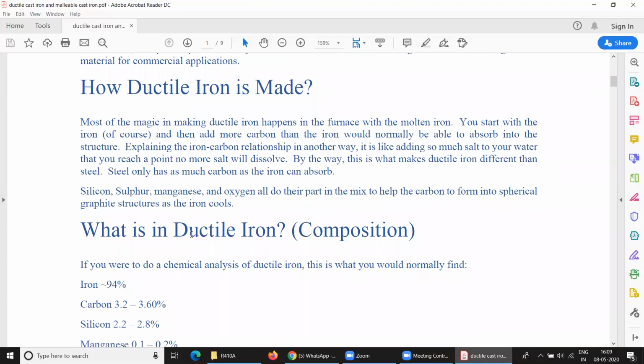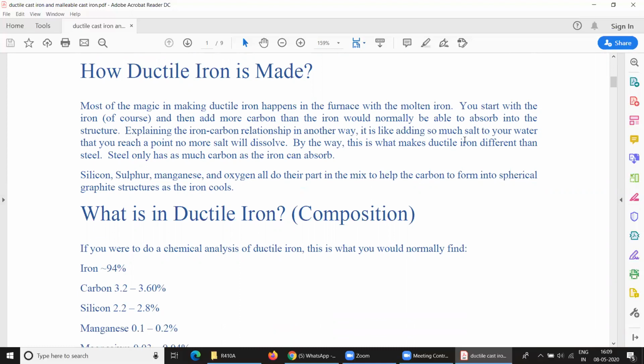So now let us discuss how ductile iron is made. Start with the iron, of course, and then add more carbon than would normally be absorbed into the structure. Explaining the iron carbon relationship in another way, it is like adding so much salt to your water that you reach a point where no more salt will dissolve.